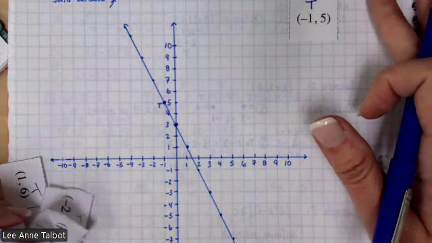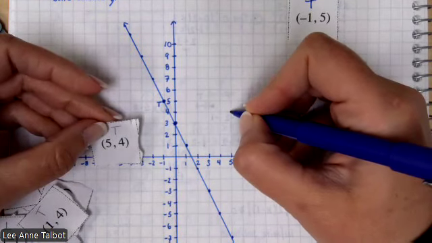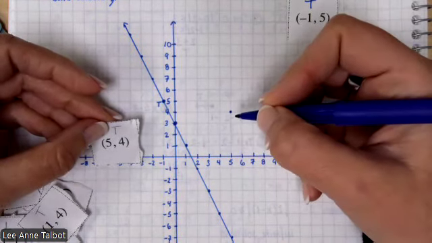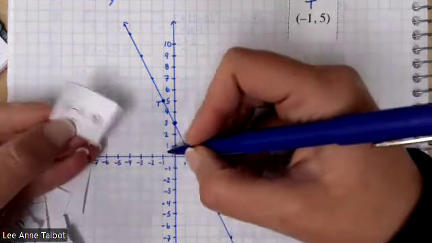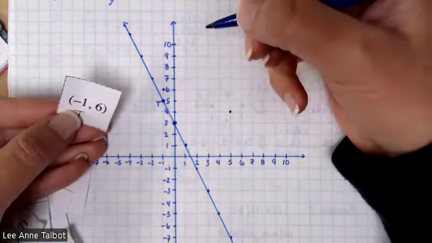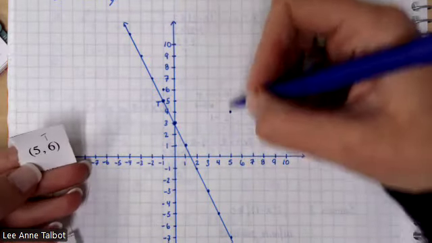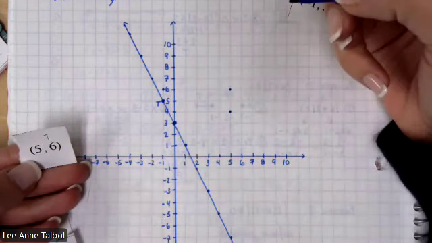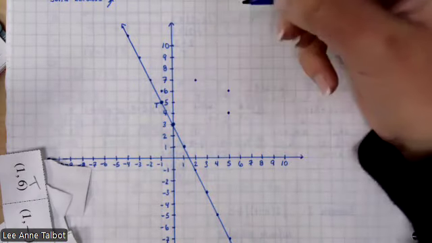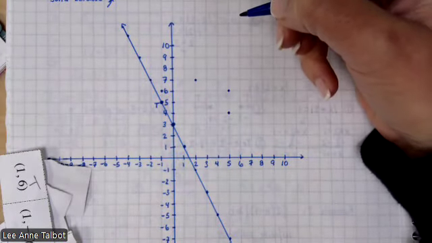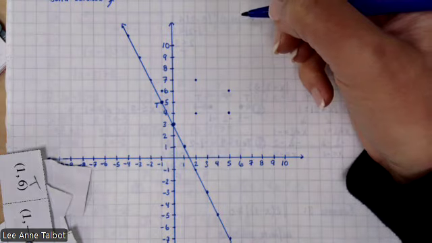So start with this one. 5, 4. -1, 6. 5, 6. 2, 7. You're supposed to be picking up something here. 2, 4. What do you notice about all of these true ones?